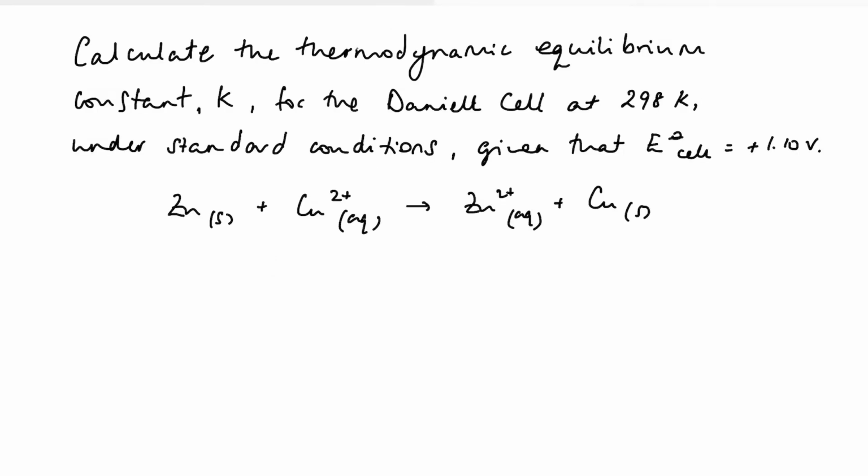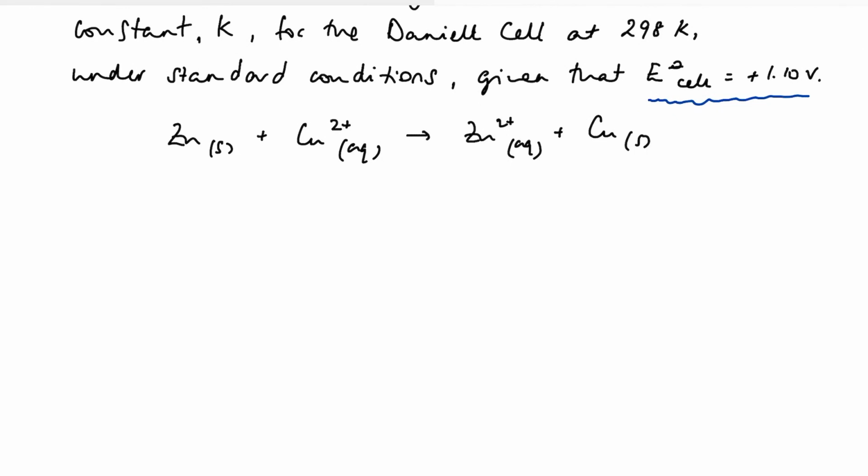Calculate the thermodynamic equilibrium constant, that's K, for the Daniell cell at 298 K under standard conditions, given that E cell is plus 1.10 volts. Remember, if they don't give you a value for E cell, then you can work it out using standard electrode potential data. So, very straightforward. We can jump straight to using our equation. Then ln K is equal to ZF over RT times E cell.